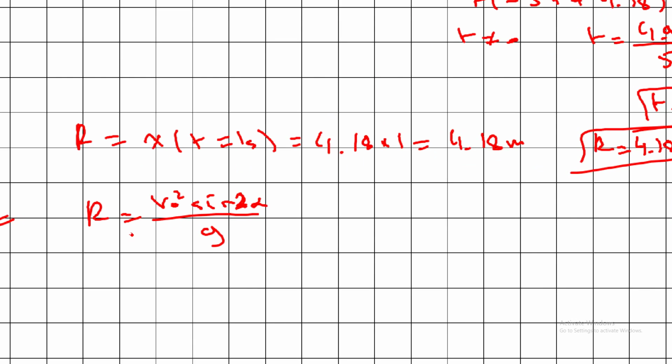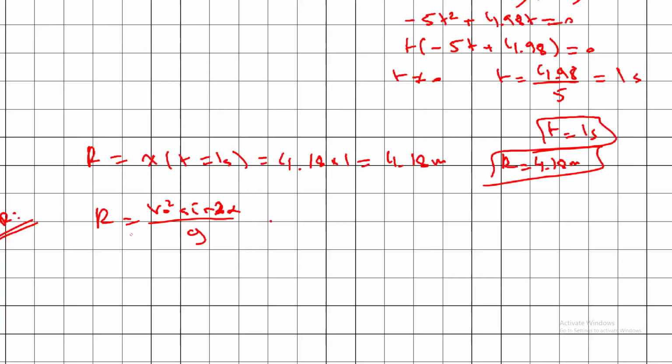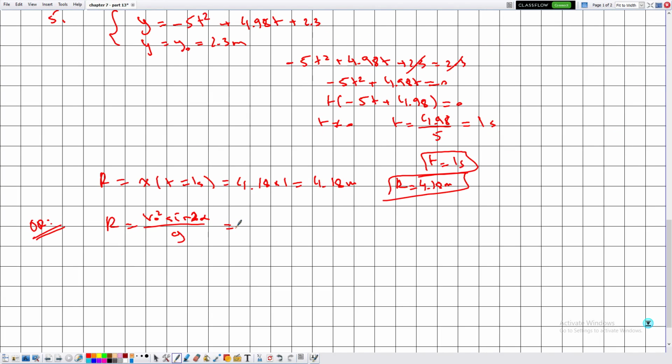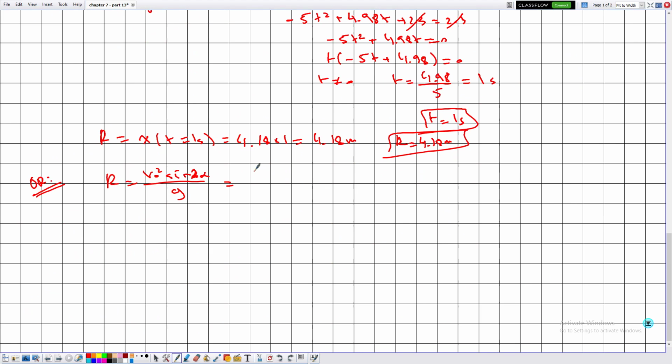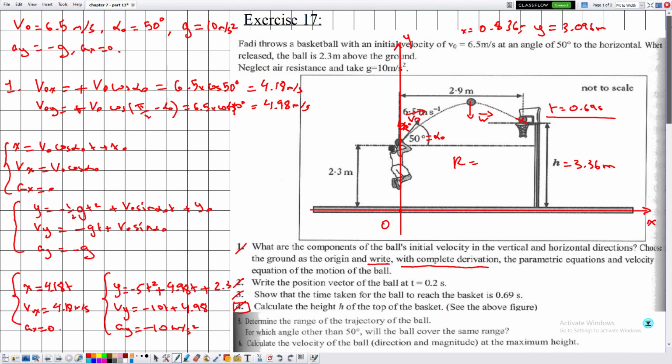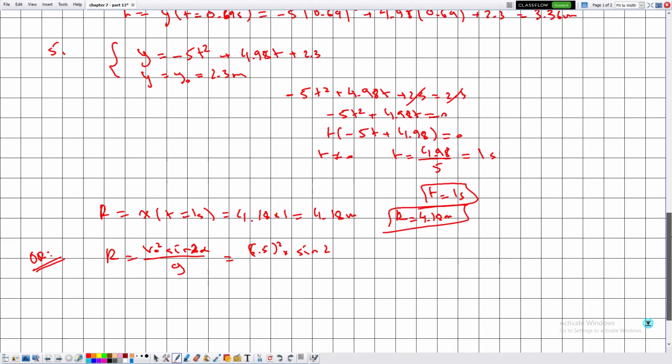So if you want to use this, either you can prove it or you should memorize it. So now let's try it. The value of v0 is 6.5, to the power 2, because v0 to the power 2 is multiplied by sine of 2 times the angle, which is 50, I think. Yes.